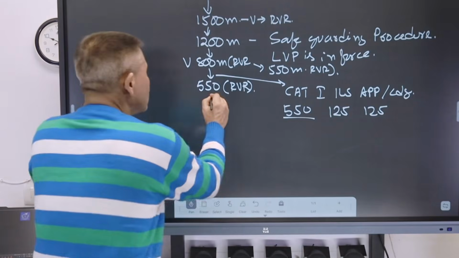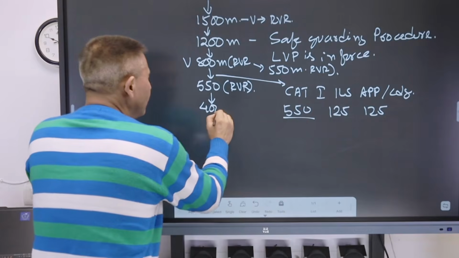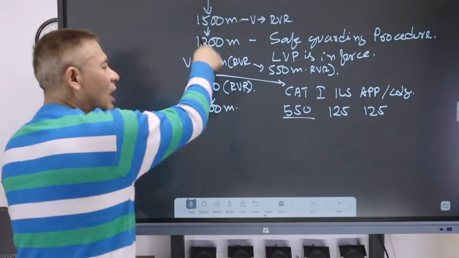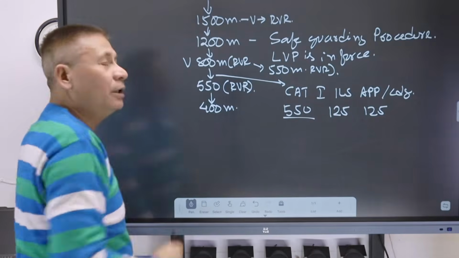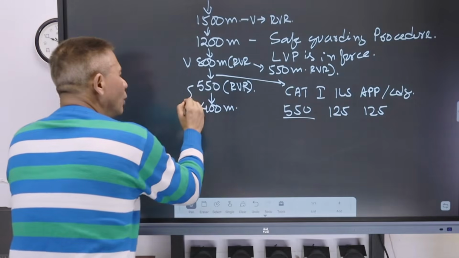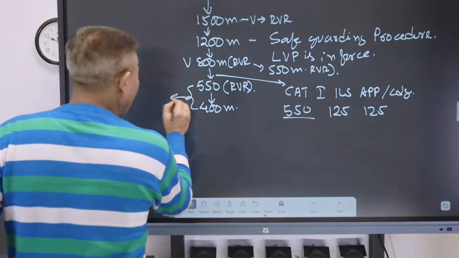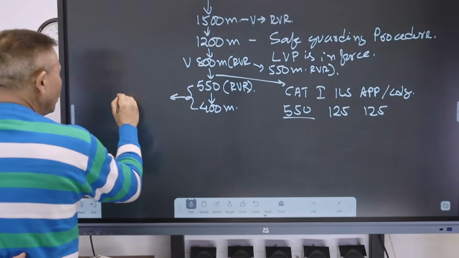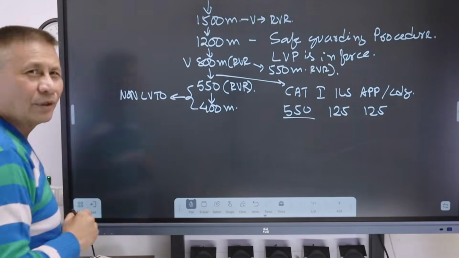So now let's drop it further down from here to 400 meters of RVR. From now onwards, the figures which I'm going to be talking about are all in RVR in meters. From 550 meters to 400 meters, the kind of operation which I'm going to be talking about is the non-LVTO.